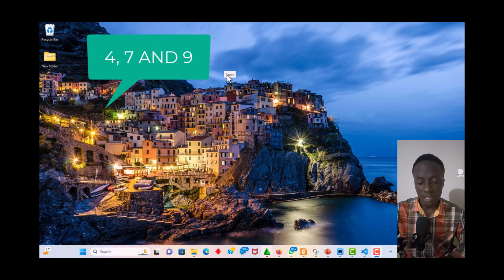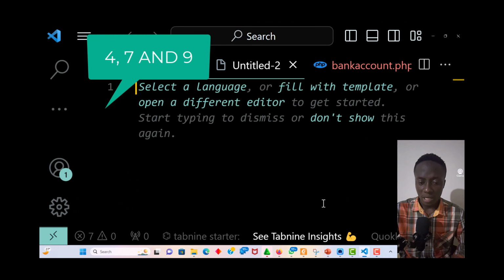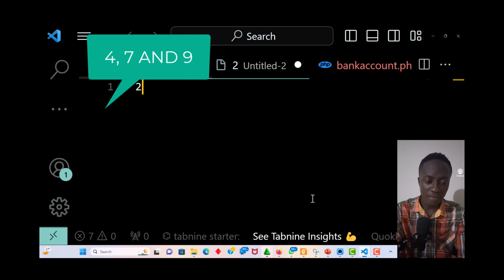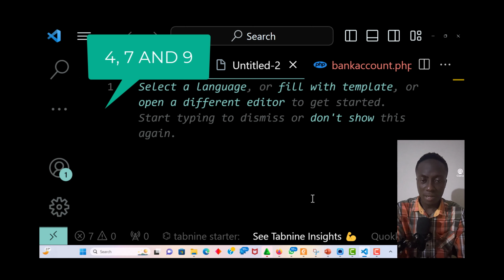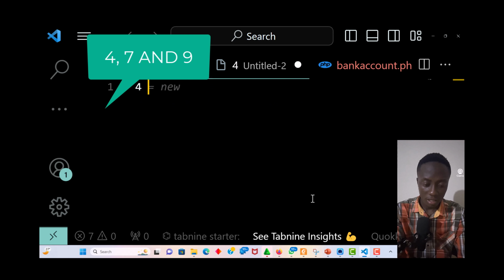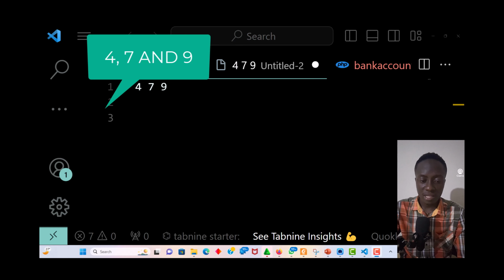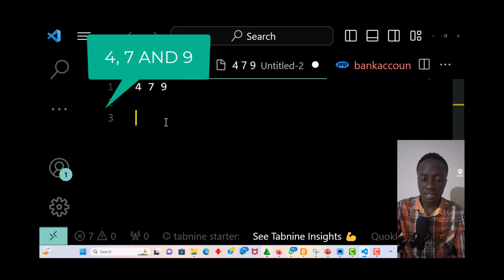So let's look at this example. Let's say the numbers the students have been tasked to sum are 4, 7, and 9. So these 3 numbers, the students have been tasked to add.